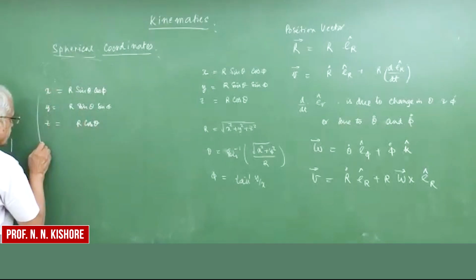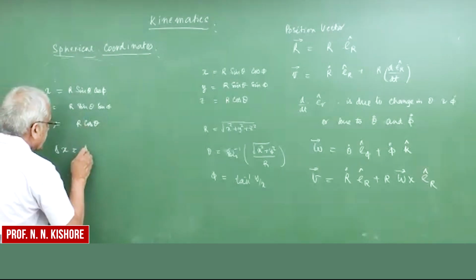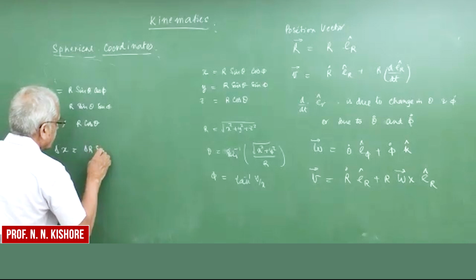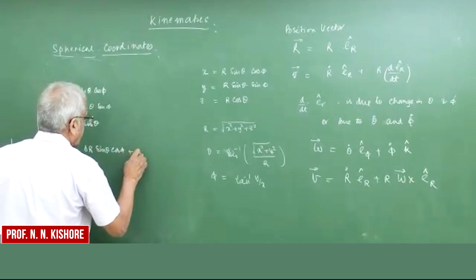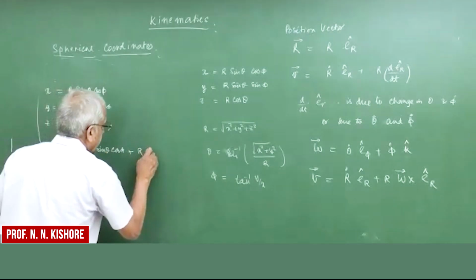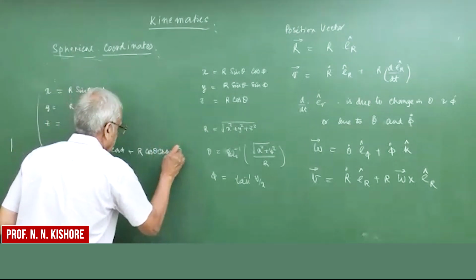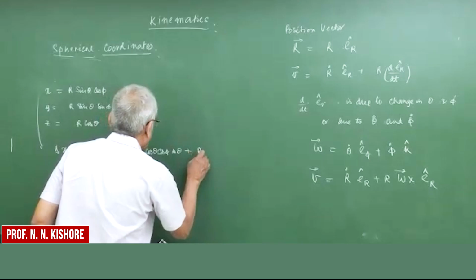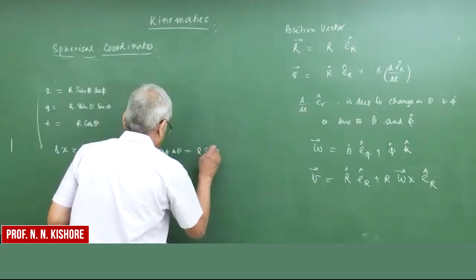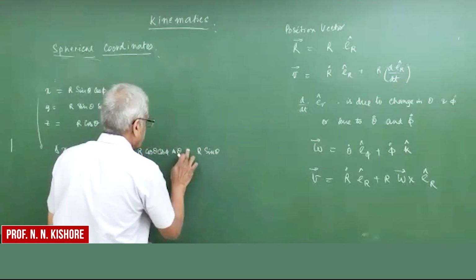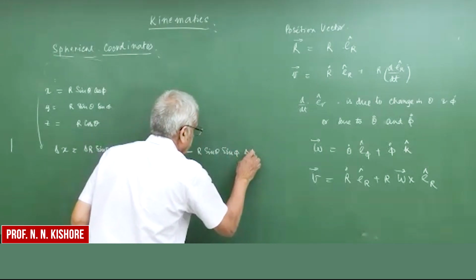For example, for this one I'll put the differential delta x. It's delta r sin theta cos phi, plus r cos theta cos phi delta theta, and plus r sin theta cos phi differentiated, so I have minus r sin theta sin phi delta phi.